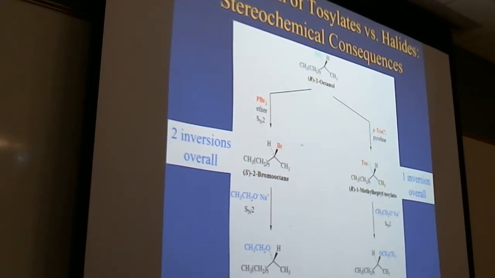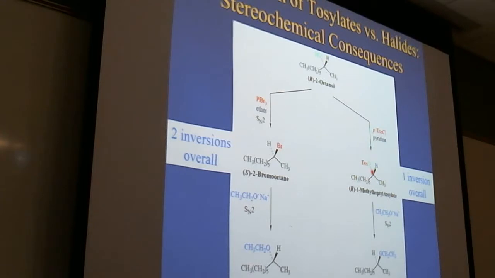This effectively retains the stereochemistry at the end of the day. If I want to go from the R to the S, then I can only do one inversion, which means I have the OH react with tosyl chloride to form the tosylate. My oxygen is still here.